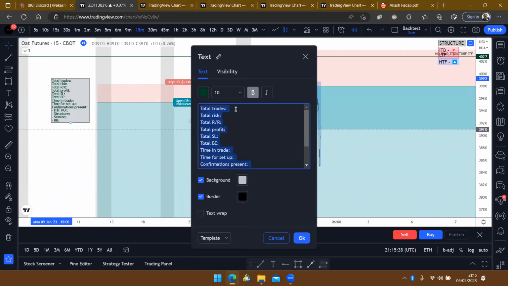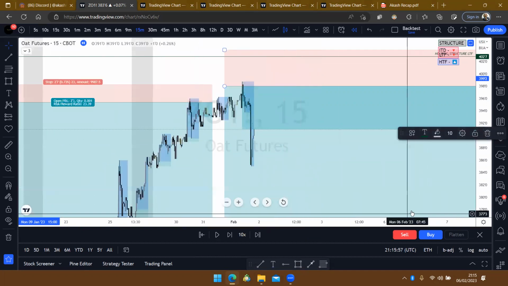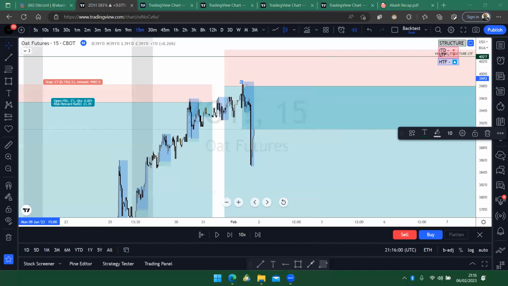So total trades is 2, total risk so far is 0.25%. Total, or no, we don't have any total risk. Total stop loss we have got is that. Okay, and then we do have one reduced risk because this trade has now activated, and we would have needed at least that or that to break, which it did, and now we've got reduced risk.